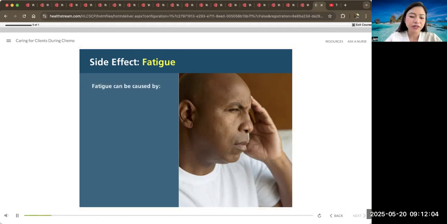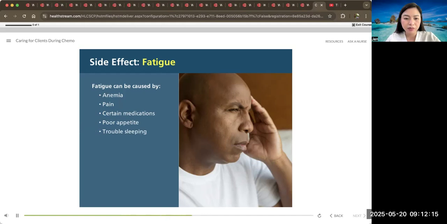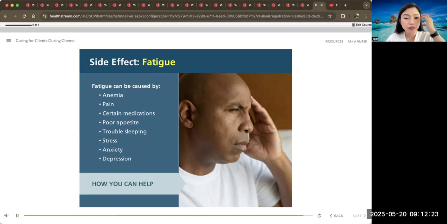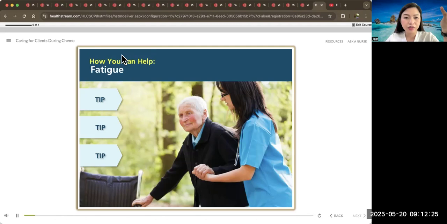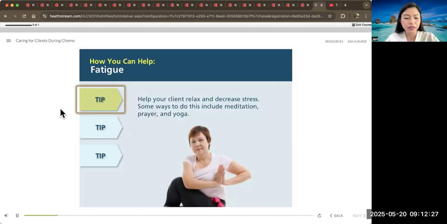Side effect, fatigue. Fatigue can be caused by anemia, pain, certain medications, poor appetite, trouble sleeping, stress, anxiety, depression. So, how you can help? Fatigue. Oops, sorry. I have to go back.